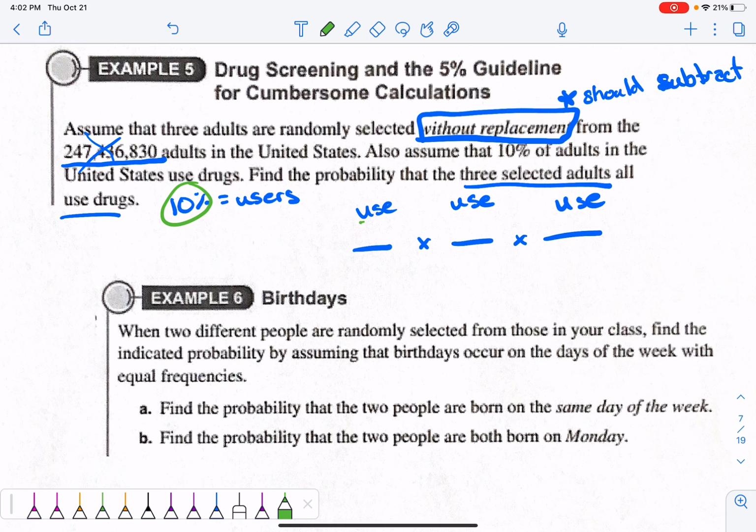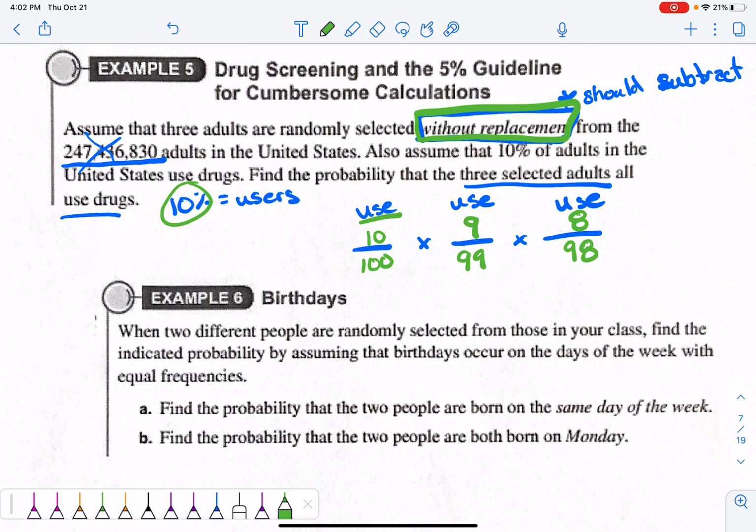The chances of the first person using is 10%, which is 10 out of 100 as a fraction, or 1 out of 10. And when it's without replacement, what I should do is this now should become 9 out of 99, and this should become 8 out of 98.